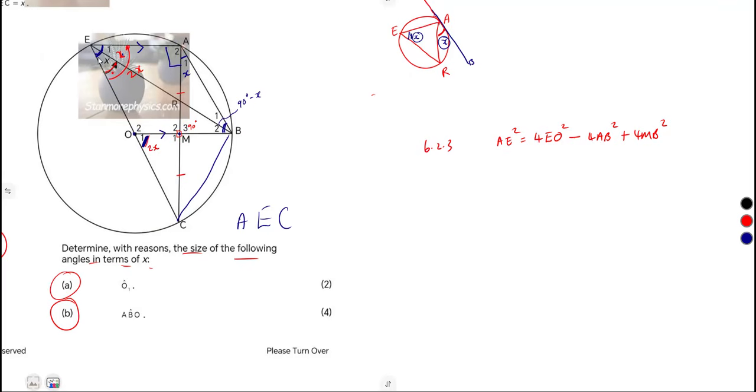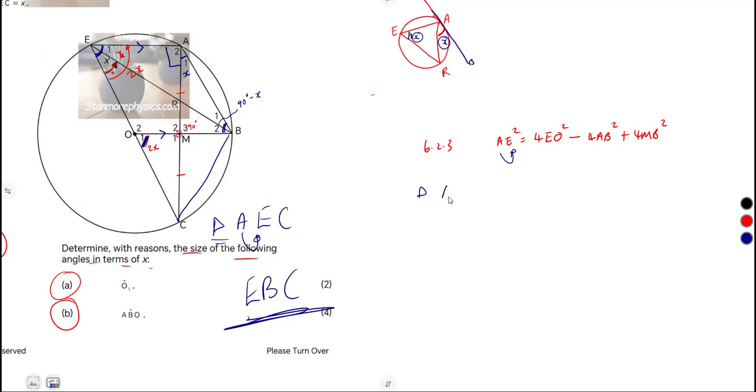And also we can form triangle EBC, but triangle EBC is limited here, because we already have AE. So we can play around with the first triangle.